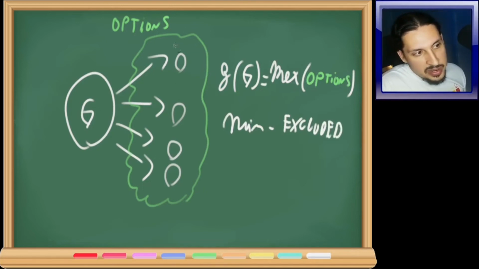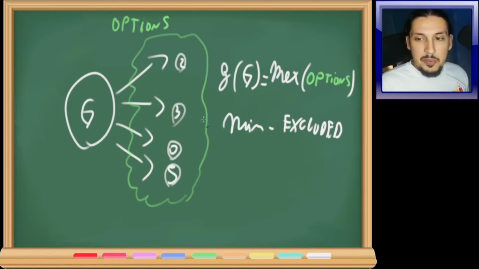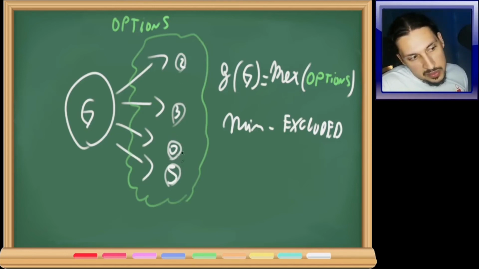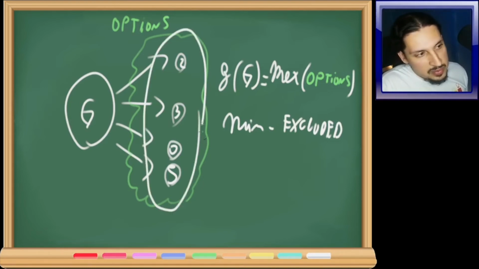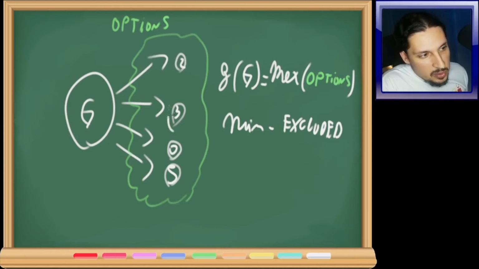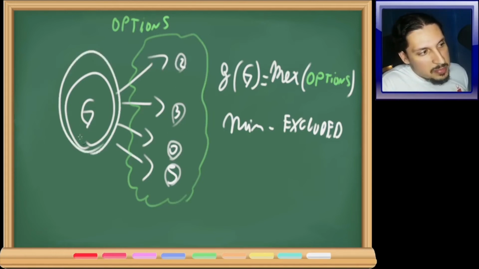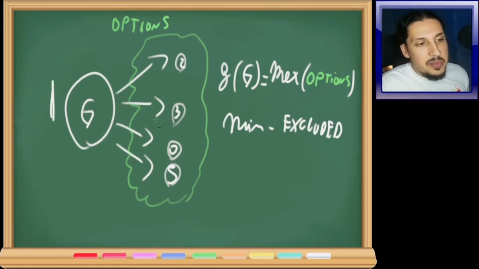So you consider all the numbers that appear in its options, let's say 2, 3, 0, 5, and you take the minimum non-negative integer that does not appear. That is why it is excluded. So here it is 1, because 1 does not appear and 0 does. So this game would have Grundy number 1. So the assertion is that if each of these options as a game is equivalent to piles of NIM of this size, then this game would be equivalent to a pile of size 1.